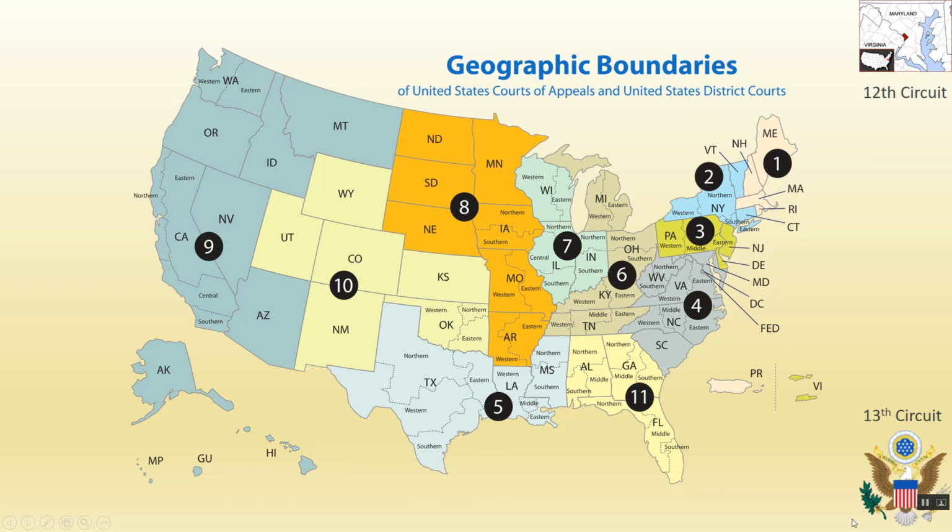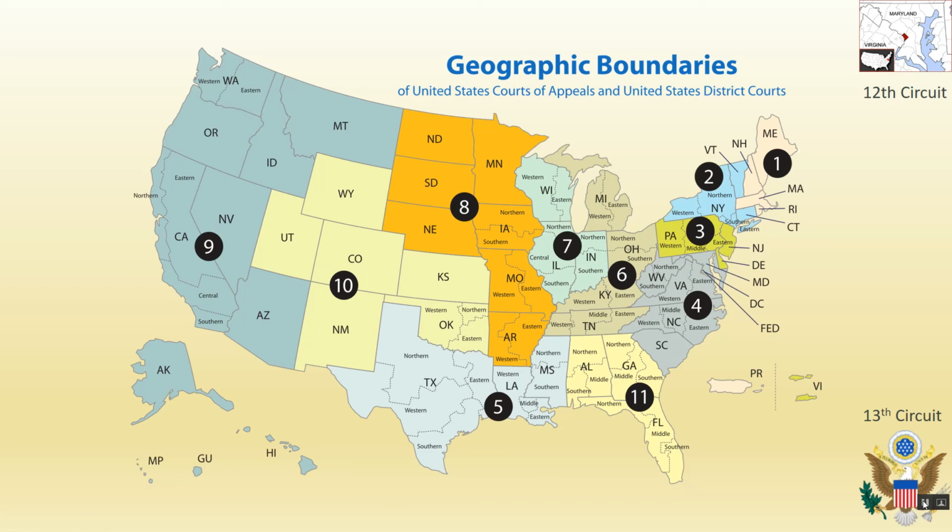There's a disagreement about how to interpret the law that creates a certain degree of confusion and inconsistency in the law from one part of the country to the next. And in order to resolve this problem and establish national uniformity of the law, circuit splits have to be appealed and brought to the United States Supreme Court, because the United States Supreme Court is the only federal court, indeed the only court in our entire country, that has authority over the entire United States.